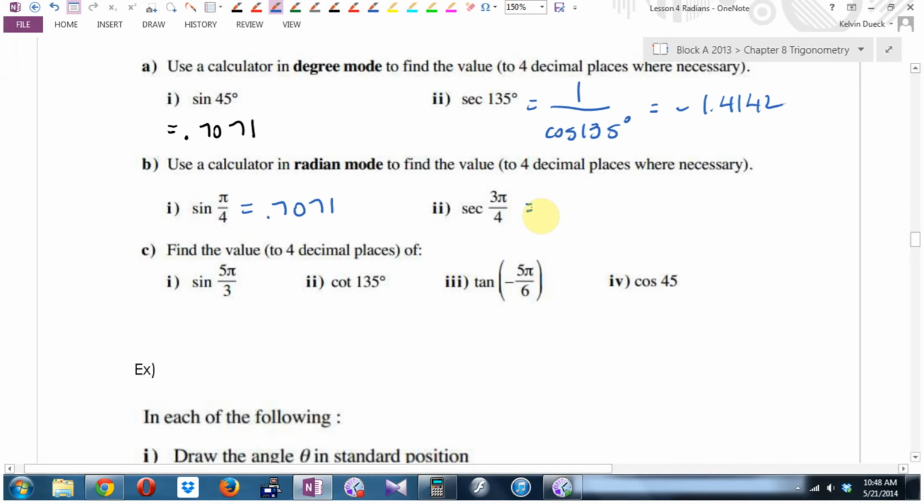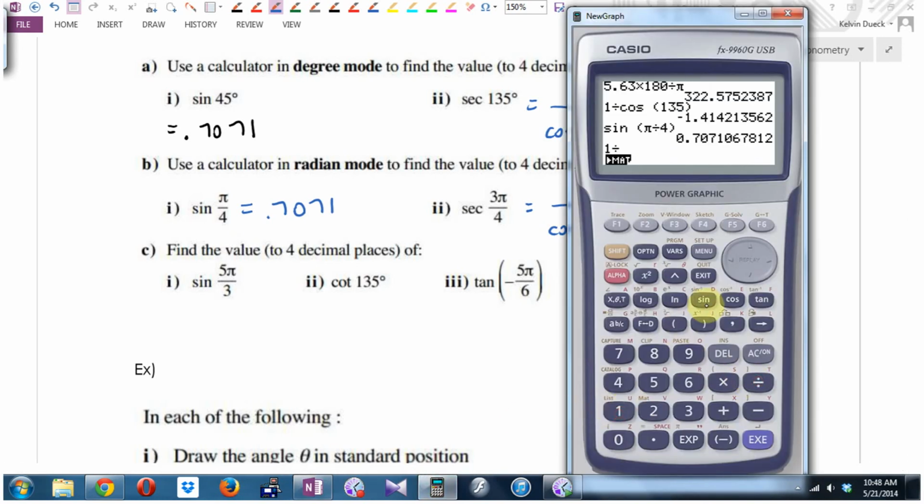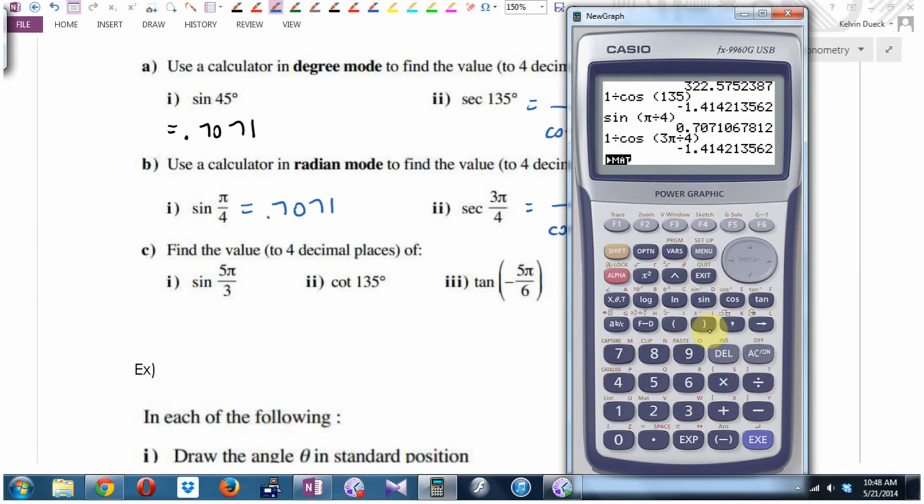Secant of 3 pi by 4 is 1 divided by the cosine of bracket 3 pi by 4. And I think I'm going to get negative 1.4142. See if you get that, please.